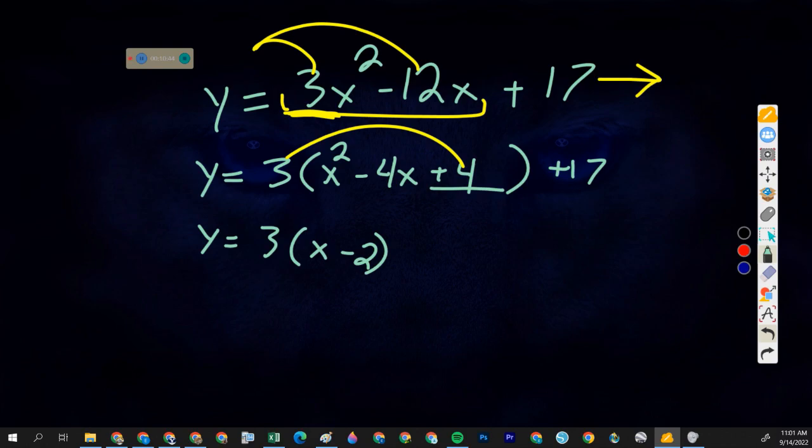So by adding a 4 on the inside, the end result is a 12-pound addition on that right side. So when I subtract it off, oh, I picked a good number. I'm going to subtract off 12. There's plus 5. So where is this equation? It's right 2, 3 times as tall, and up 5.